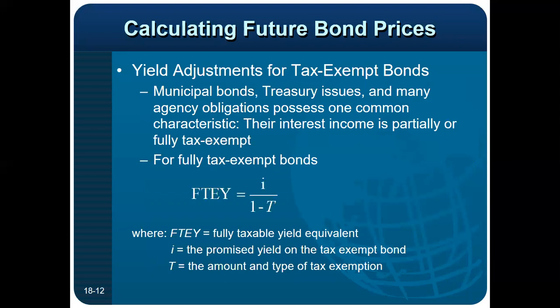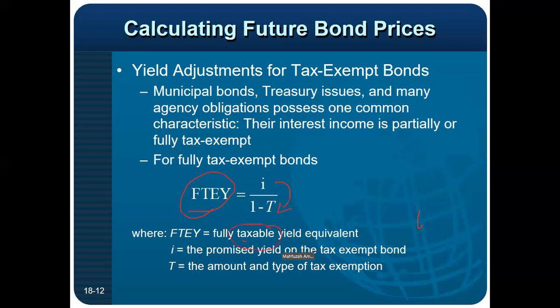So how is it calculated? The fully taxable yield equivalent is I divided by 1 minus tax. The tax should be in decimal form. Then you will get the interest with the exemption.